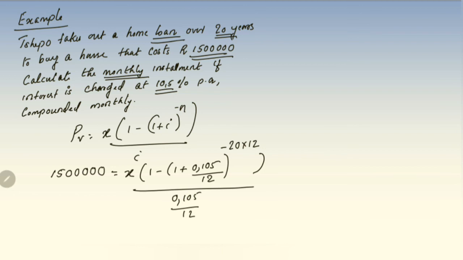I think the learners come up to here without any mistakes. The mistakes will come when it comes to the calculation using the calculator. So once again I am saying this, you should be very careful.